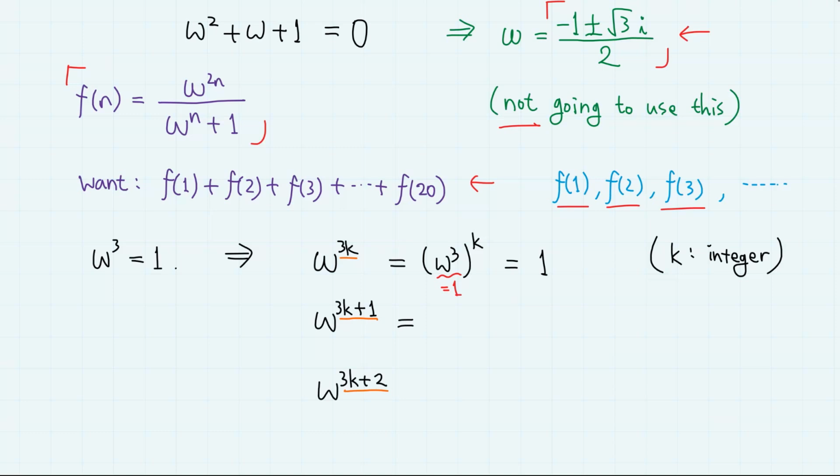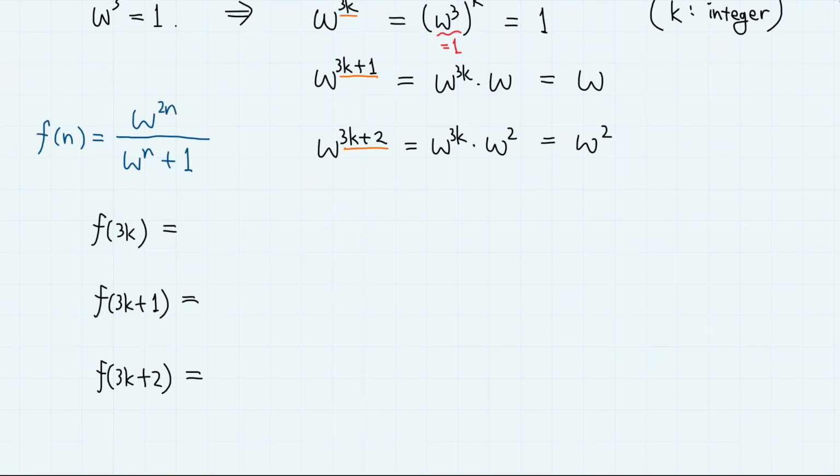Then omega to the power of 3k plus 1 equals omega to the power of 3k, which is 1, times omega, so it is equal to just omega. Likewise, omega to the power of 3k plus 2 equals omega to the power of 3k, which is 1, times omega squared, so it is equal to omega squared.